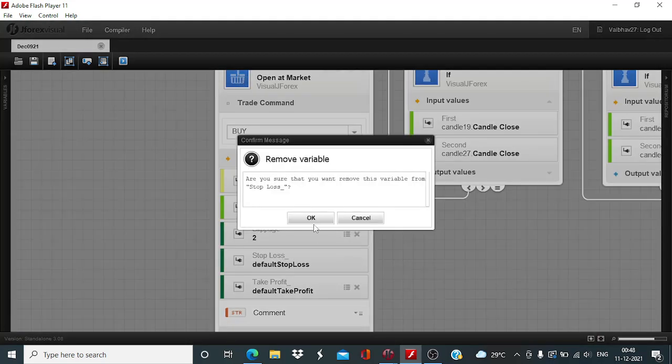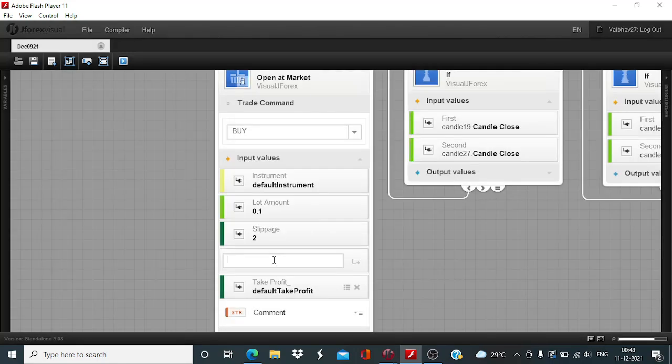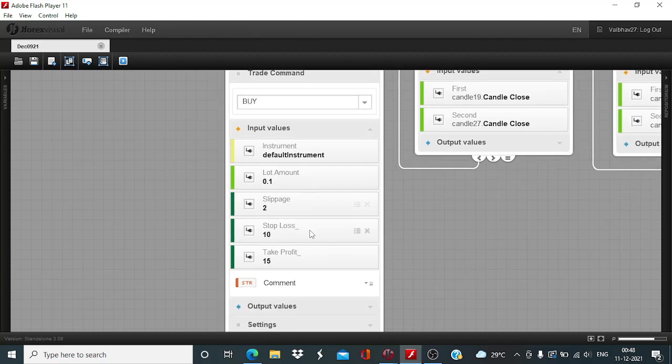Stop loss, since we are working with short duration trades, I think the combination of 10 pips with 15 pips as the take profit should be good enough. It is not 1 is to 2, and we are simply trying to find the scalping opportunity. So it is better if we keep the take profit order also small.